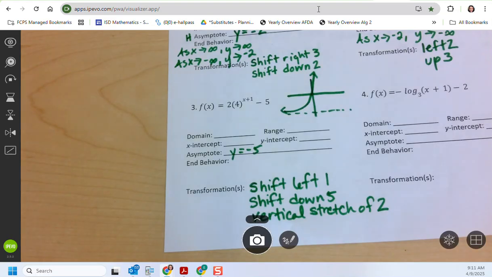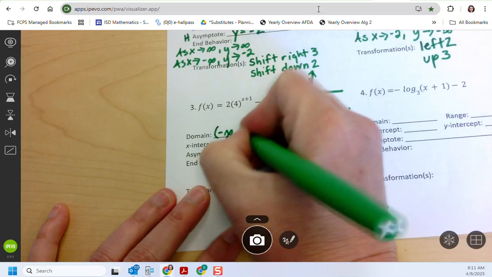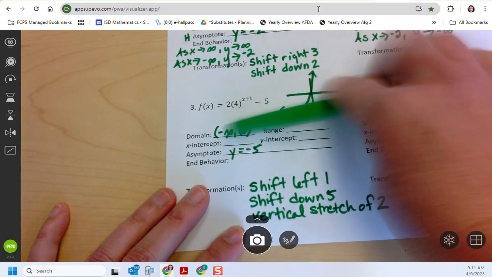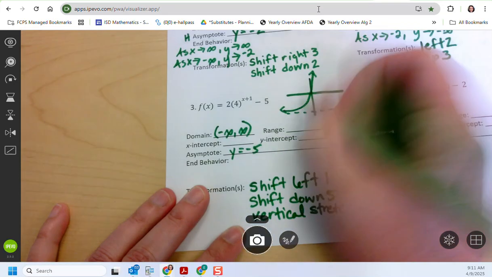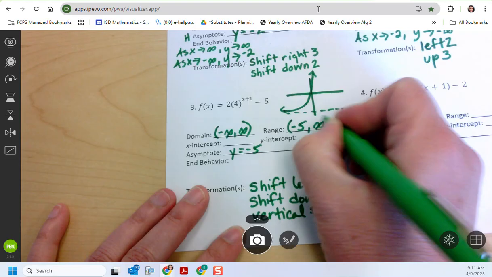Domain, -infinity to what? Positive infinity. My range does not start at -infinity because I have this asymptote at -5. So my range starts right after the asymptote and goes up to infinity.